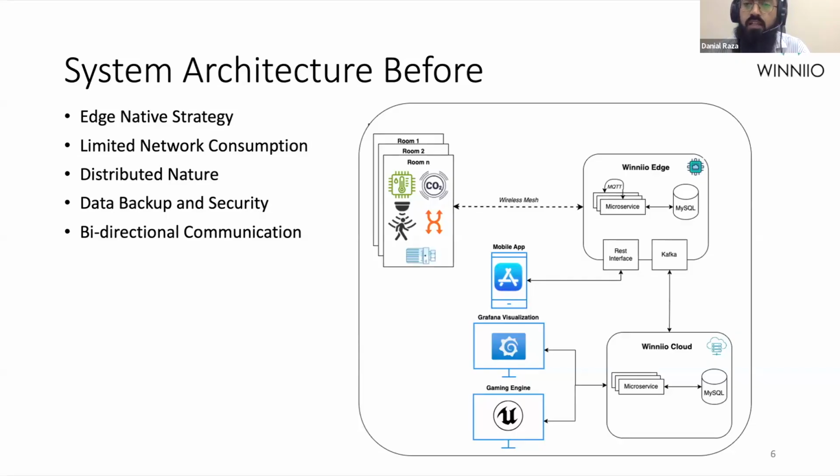I just showed you one of the buildings. We are running this on two more, and we do want to scale it to a lot more. Previously, with this architecture, we were having issues with scalability because the nature of our business is distributed, and we want all of that data to be available in the cloud if the customer opts for it, but we don't want to set up separate clouds for each customer.